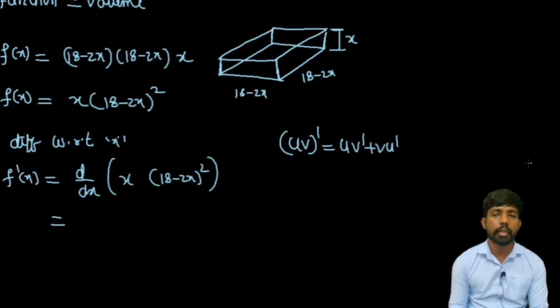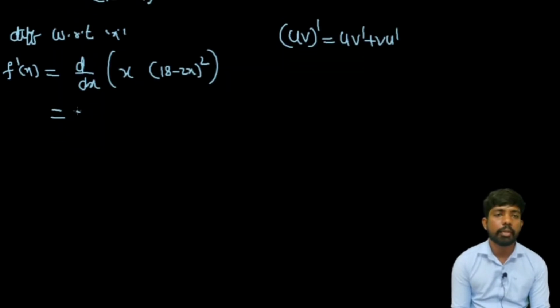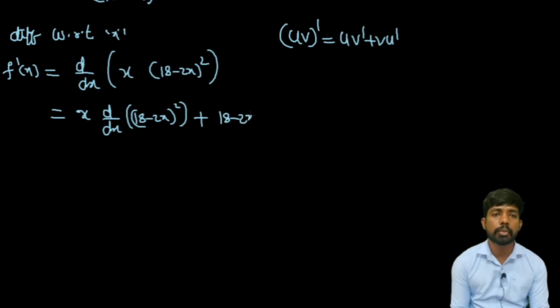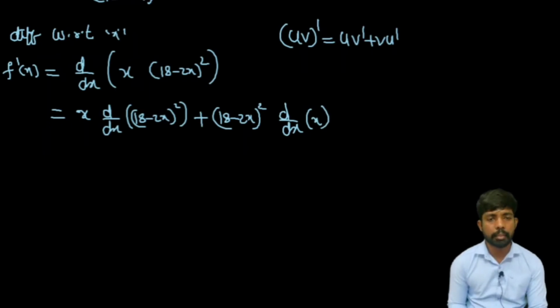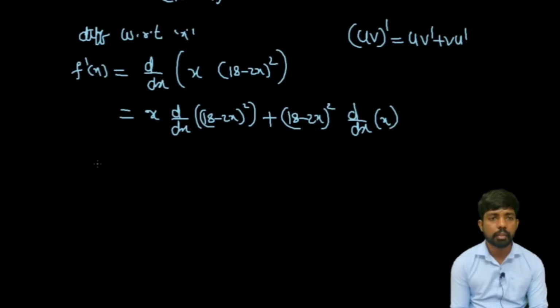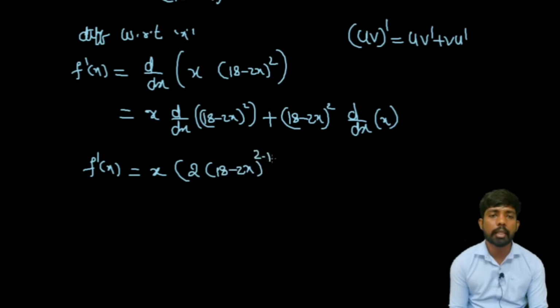So here also following the same formula: U into differentiation of V, (18 minus 2x) whole square, plus (18 minus 2x) whole square into differentiation of x.